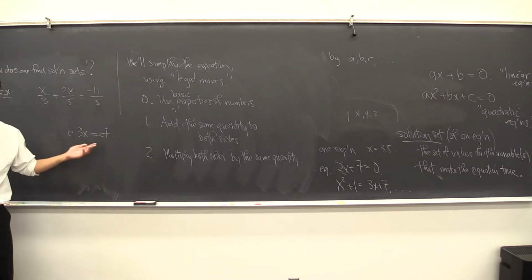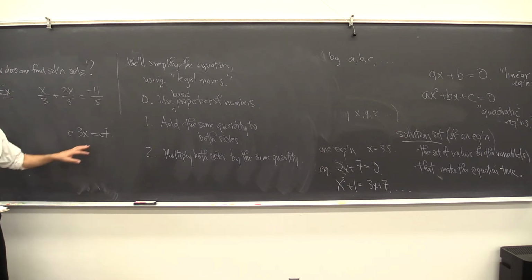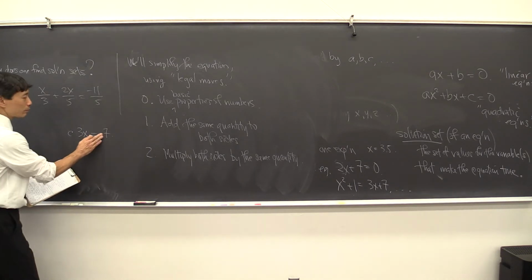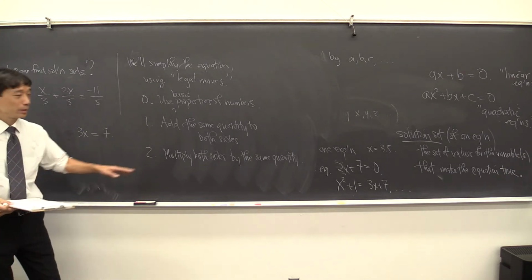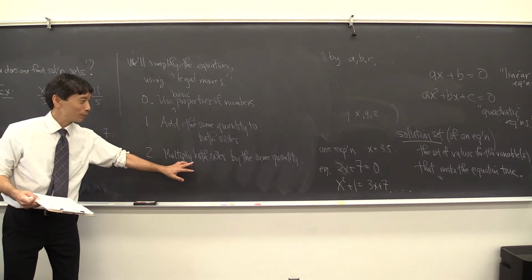Then the solution set doesn't change. Is that really true? Olivia, why not? No, it's not true, because depending on what number you're multiplying it by, it can become significantly greater than the other number. Well, it's actually almost true. Does anyone know what I'm trying to get at here?